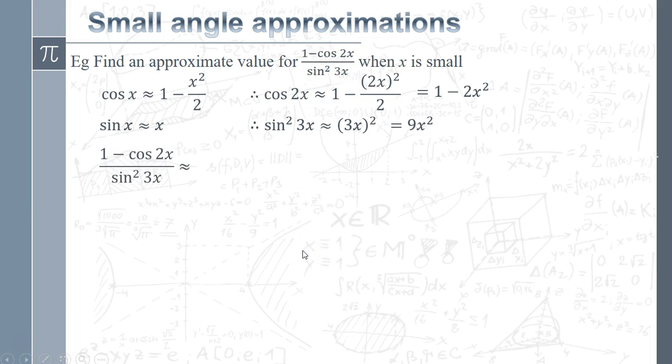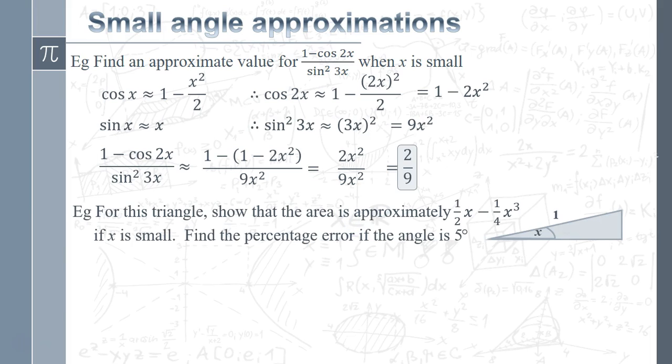So we end up with 1 minus cos 2x over sine squared 3x is approximately equal to 1 minus this thing, all over 9x squared. Tidy it up, do some cancelling, and you can see that we get a value of 2/9. So what that's telling us is, for any value of x, as long as x is small, the value of that expression will always be approximately 2/9.